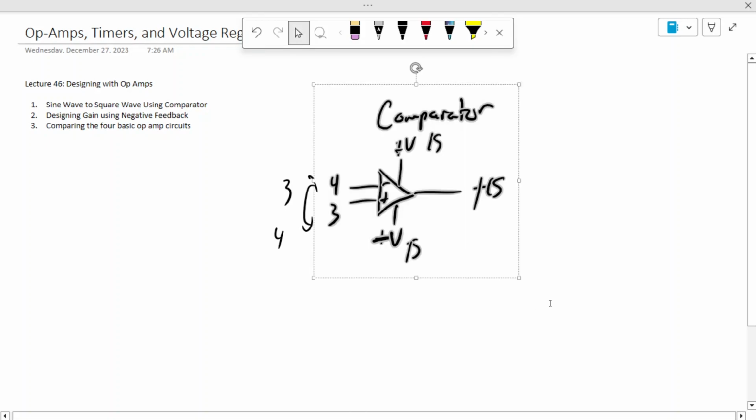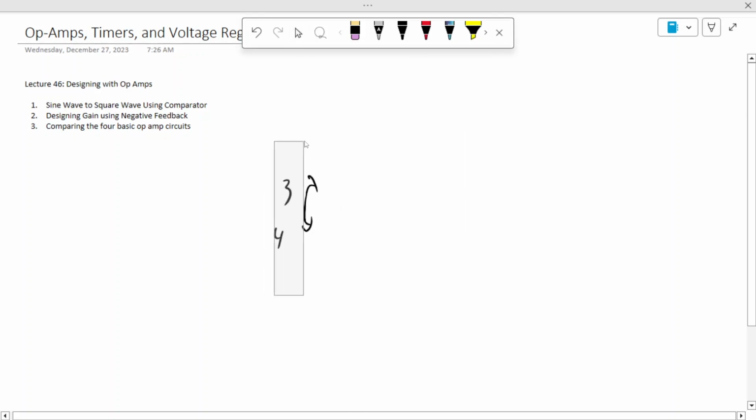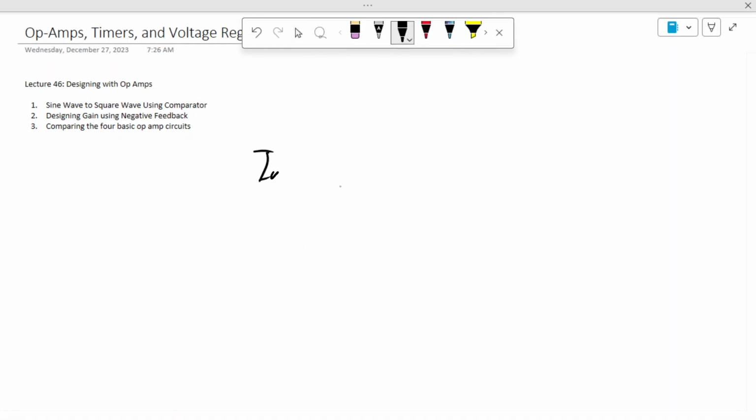We also learned about using negative feedback beyond just the voltage follower. So we learned inverting and non-inverting, and the difference is where you put the positive voltage, or you can really think about it as, where is the ground?